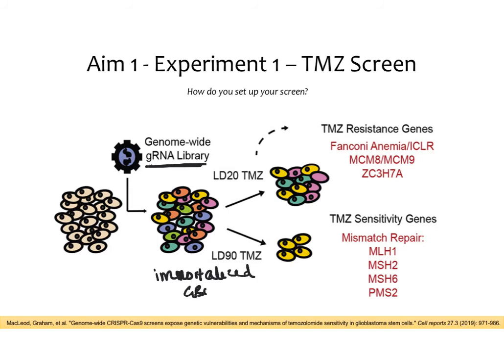They chose to use a control with a low dose of TMZ compared to a high dose of TMZ, but you can certainly do this with a control and TMZ or with some sort of other condition. And from this, they were able to identify certain genes involved in resistance and certain genes involved in sensitivity. So this was their overall setup.